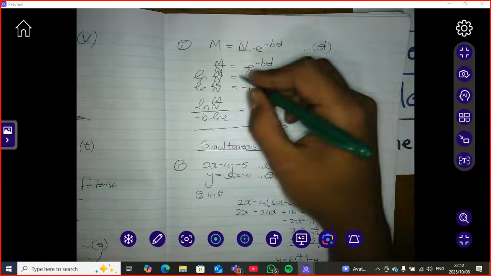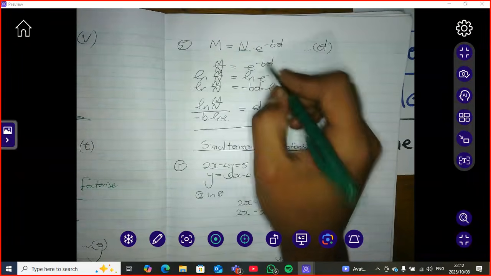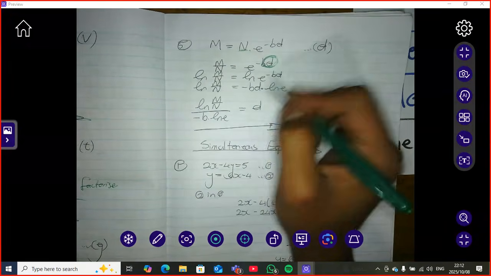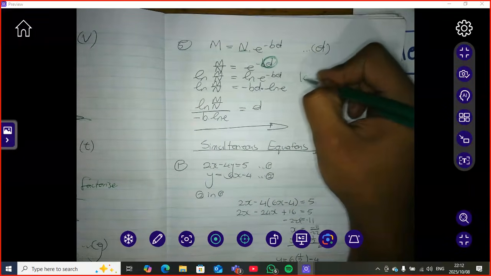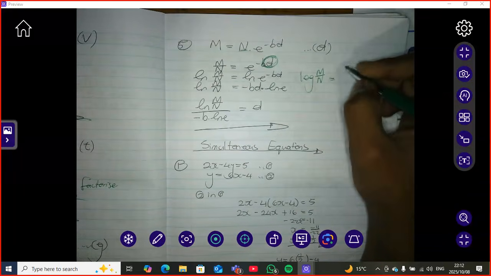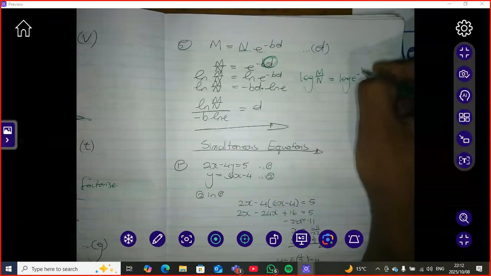So we're gonna log both sides, because log or ln is the only thing that will get the exponent lowered, right? So I log both sides and say log of M over N and log of E to the negative BD.